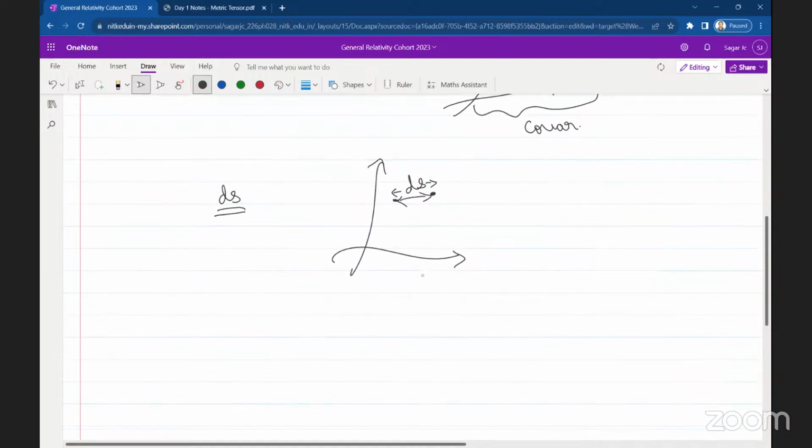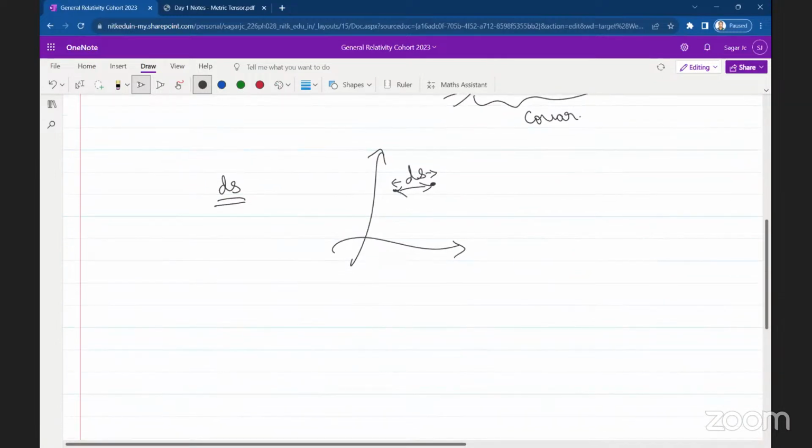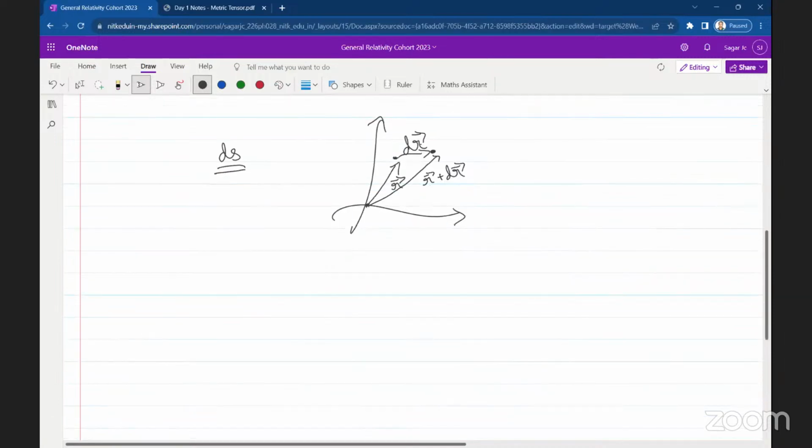Now how do you get this ds? You can draw a position vector. Say this is r vector, then this will be r vector plus dr vector. The distance between the two points is dr vector. This is a simple, geometrical way of getting the distance between two points.